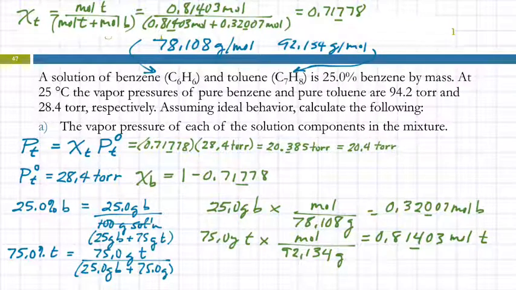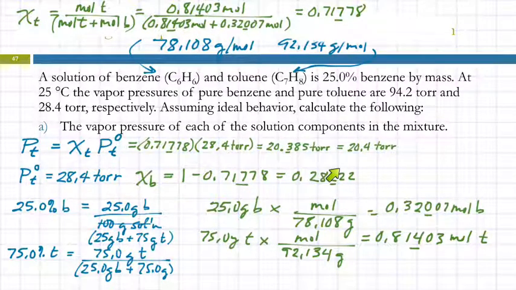So 1 minus 0.71778 is 0.28222. That's the mole fraction of benzene.